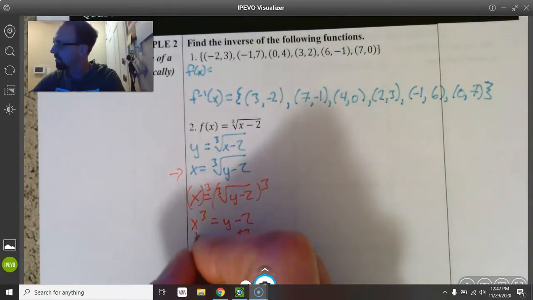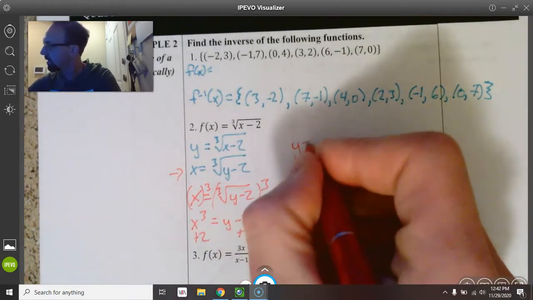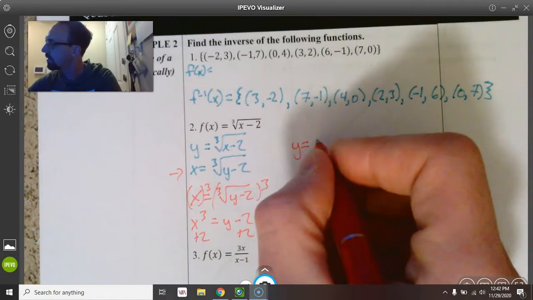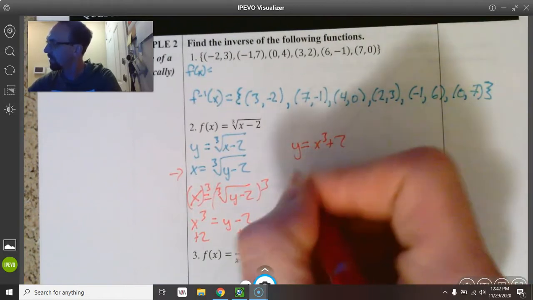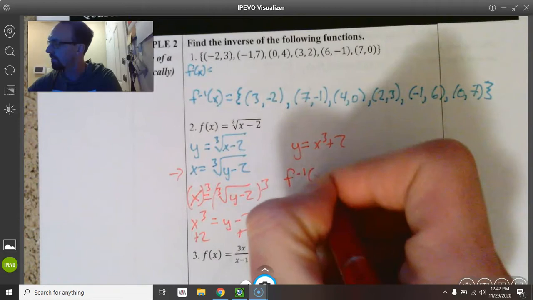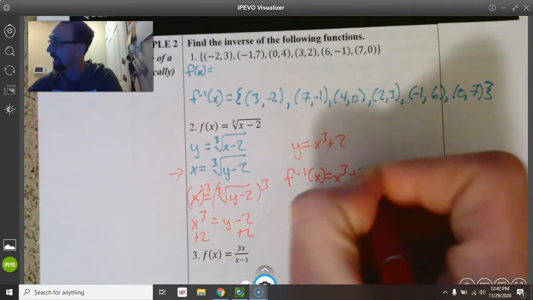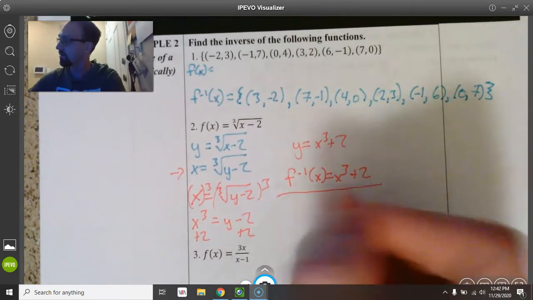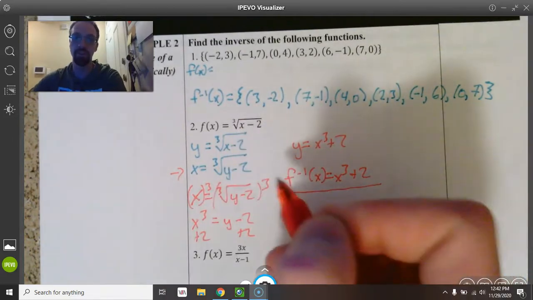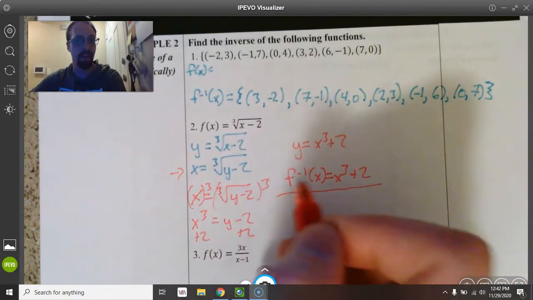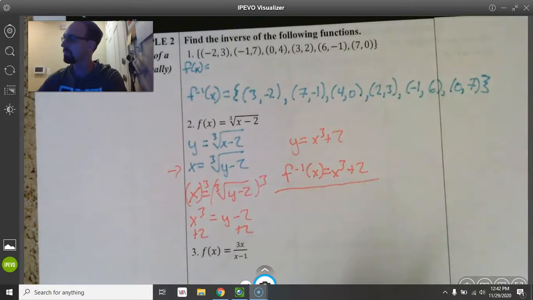Add 2 on both sides. So I have y equals x cubed plus 2. And then I interchange y now with f inverse of x. And this is the inverse of my original function. So the inverse of f of x is f inverse of x, x cubed plus 2.